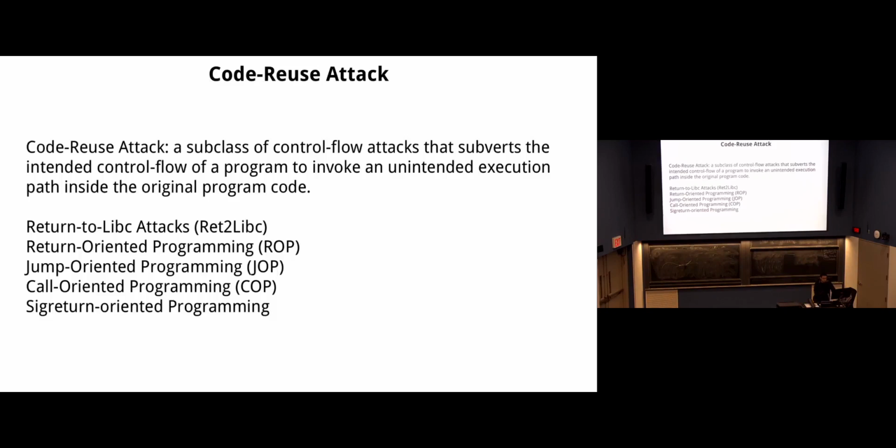So return-oriented programming is a more generic form of return to libc. In return to libc, we return to a C library function or any other function. In return-oriented programming, we do not return to a specific function anymore. We only return to some piece of code in the code section.